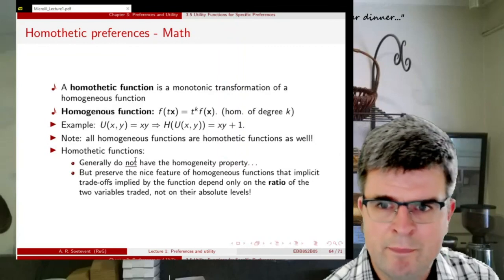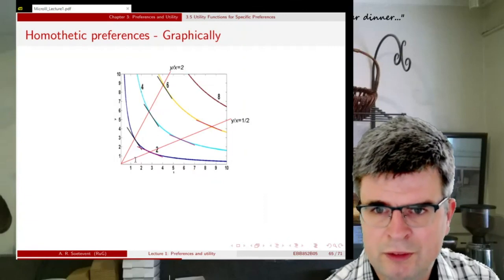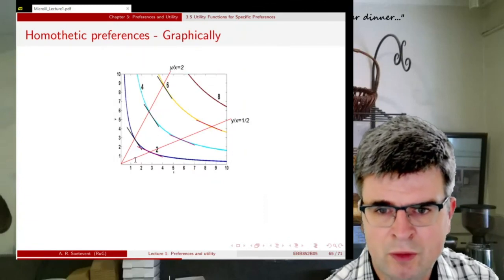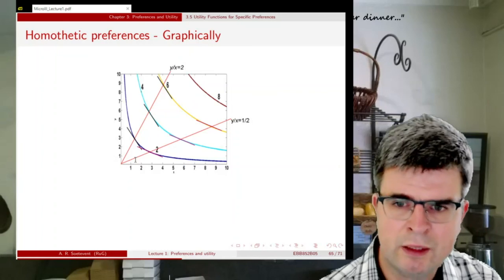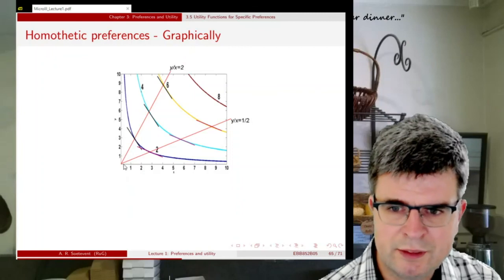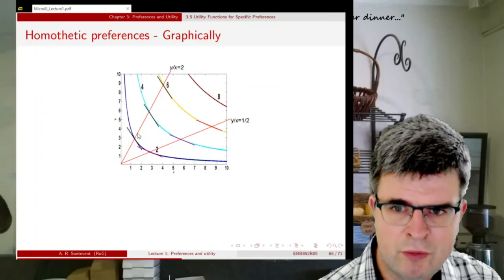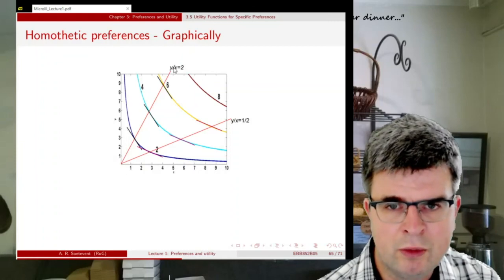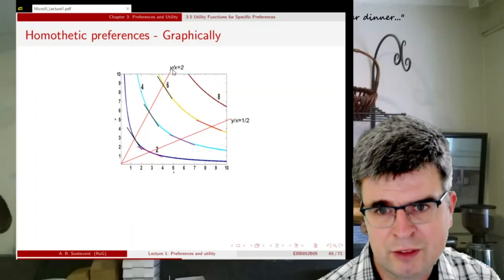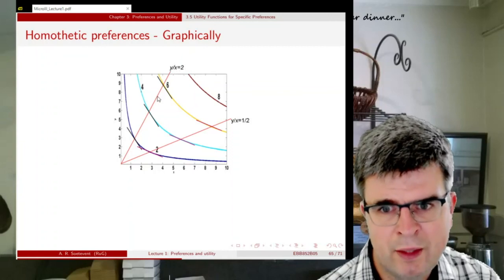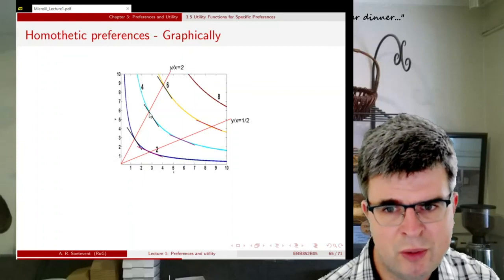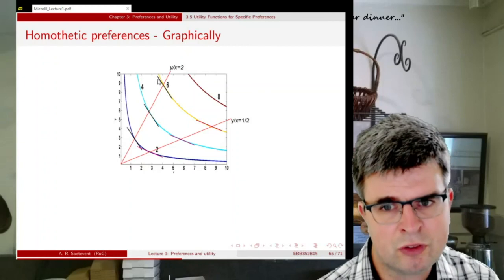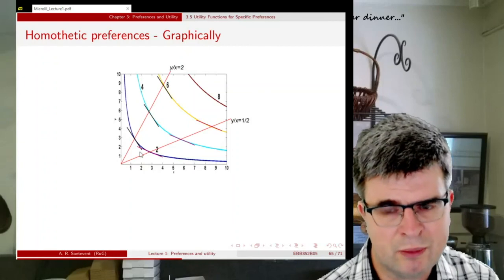Now, why is that useful? I will give you an example. This is a graph of some indifference curves of a homothetic function. You can see that this is a homothetic function in the sense that if you consume the goods y and x in the ratio 2 to 1, then at all consumption bundles with this ratio, the marginal rate of substitution, the slope of the indifference curves, is identical.